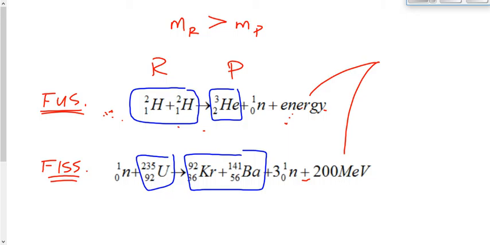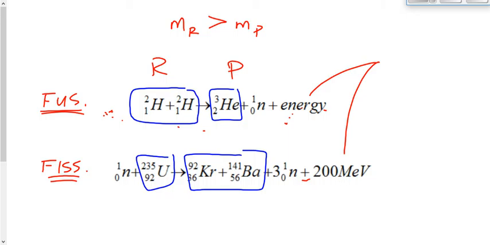One more question here before we move on to the next page. Nuclear fission can undergo what we call a chain reaction, because nuclear fission requires a neutron to bond to a uranium-235 to make it unstable enough to decay into krypton and barium.